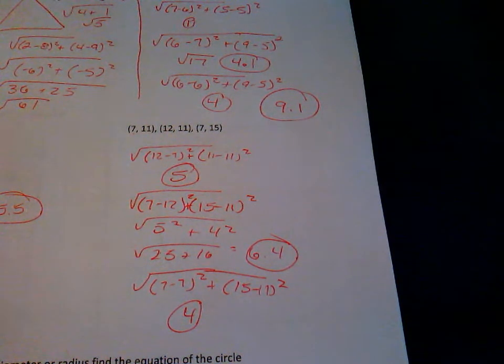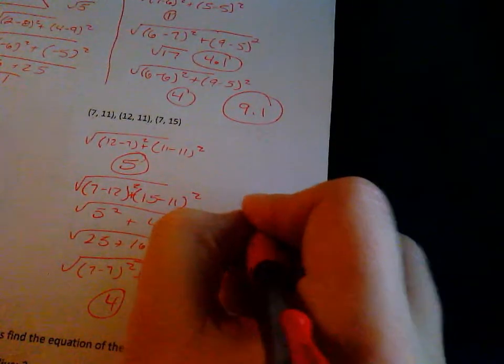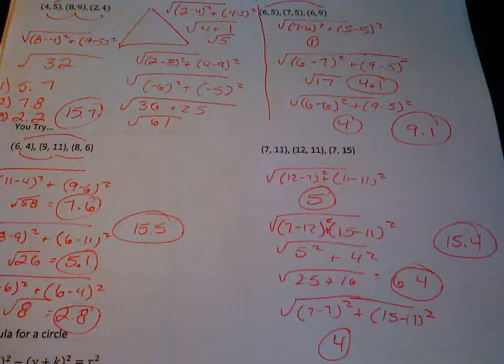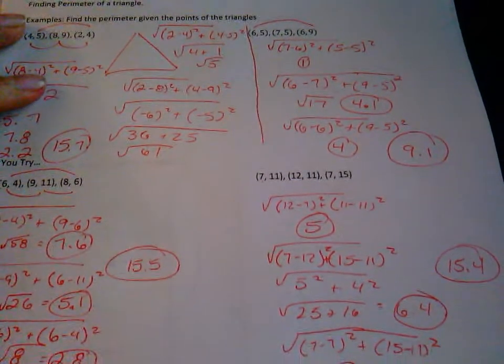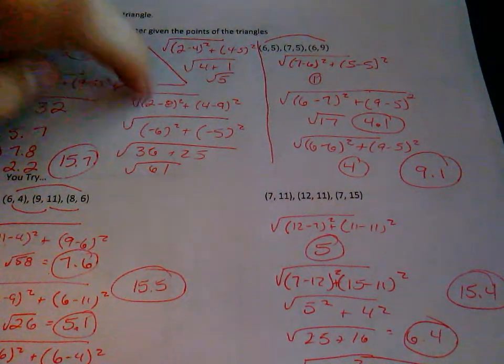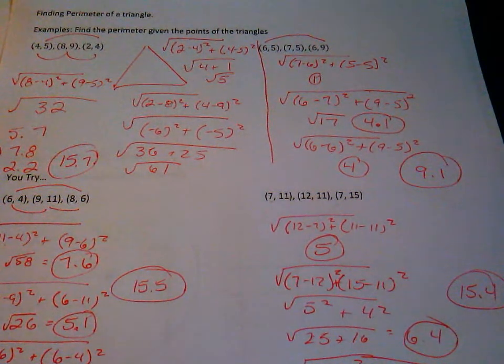When you add all those up, you should get 15.4 as your perimeter. So that's distance formula, and that's how you find the perimeter of a triangle using distance formula, by just finding the 3 different side lengths and then adding them up, because once again perimeter means the length around the outside.